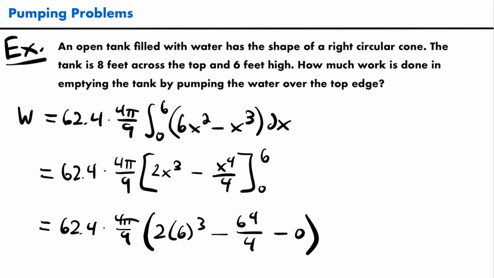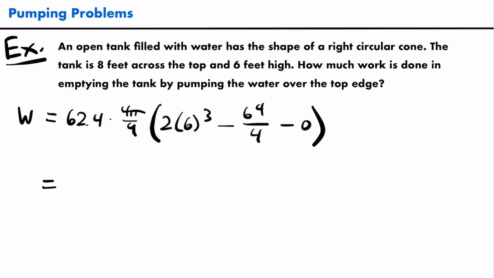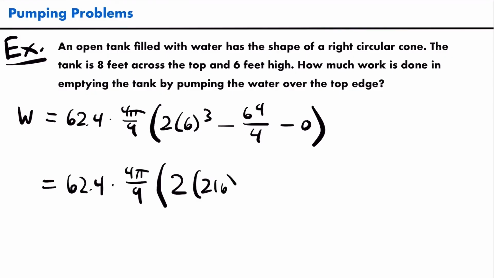Okay, and so if I clean up my work, this is equal to 62.4 times 4 pi divided by 9 times 2 times 6 cubed, which is 216, minus 6 to the 4th power divided by 4, and 6 to the 4th power is 1,296, and that will be divided by 4. And then 2 times 216 is 432, so I'll just rewrite that.